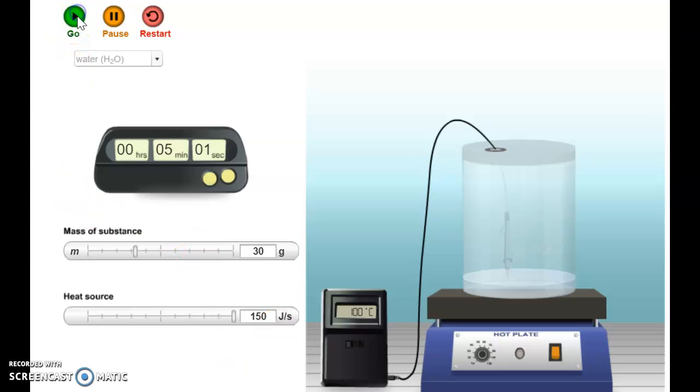So we want to see when it fully becomes gas now. All right, 11 minutes and 1 second.